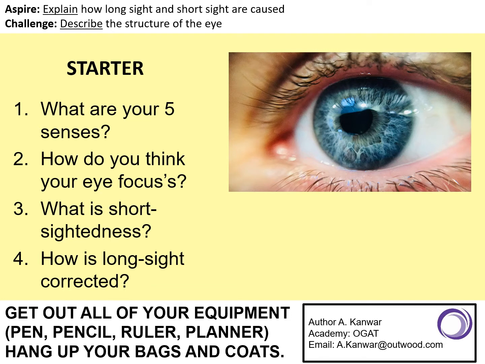It's not necessarily an answer we would give in any GCSE question, but we need to be aware that many people are now correcting their eyesight through surgery. The surgery has got better and lasts for a long time. It used to be that you would have to get laser surgery every 5 to 10 years. So there are your answers for our starter.